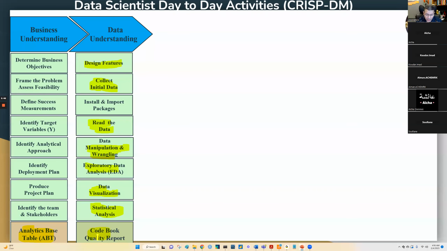And at the end of the day, we should have a quality report, documenting everything that we discovered and know about our data. And this phase is data understanding.